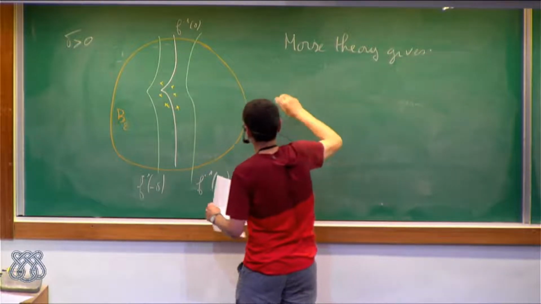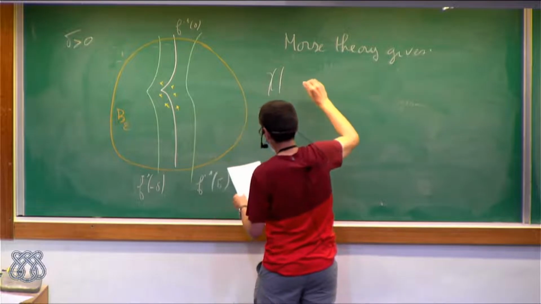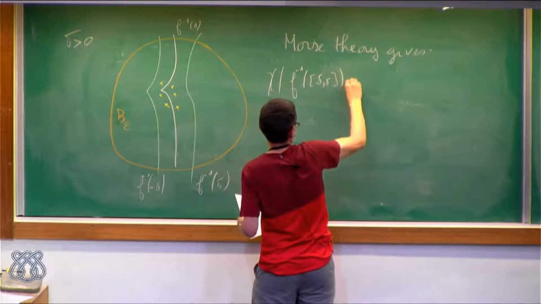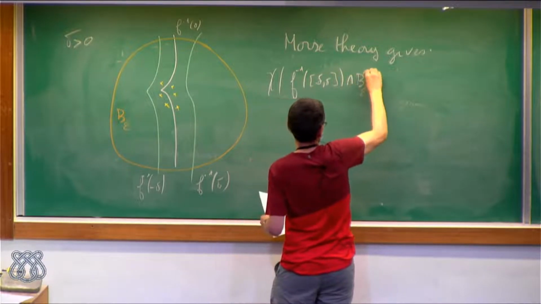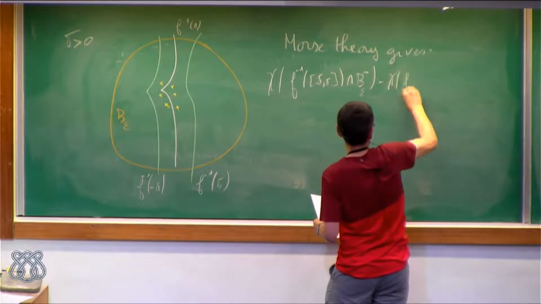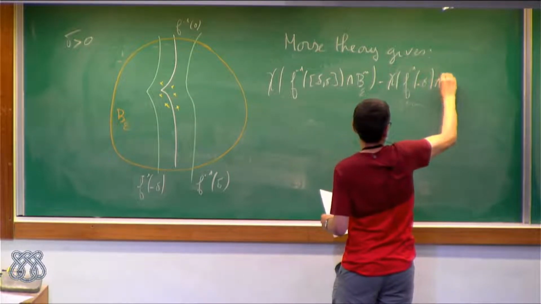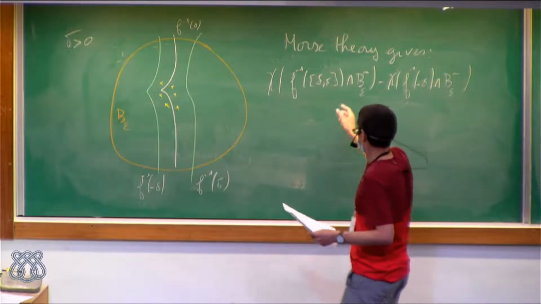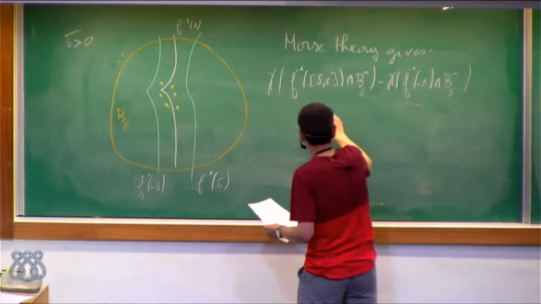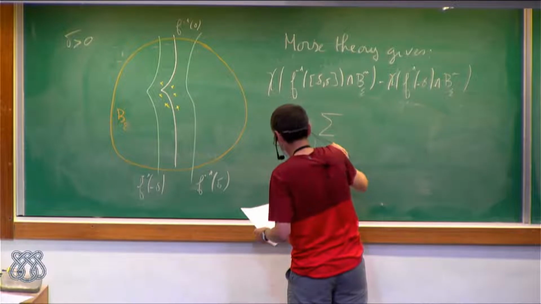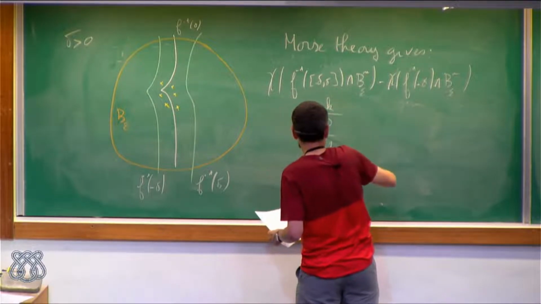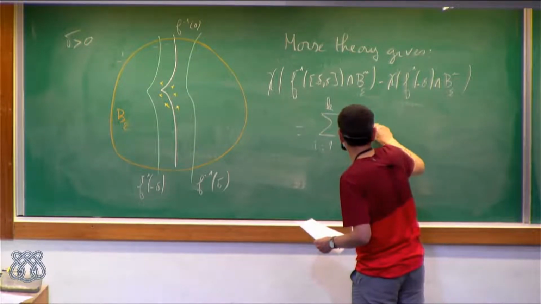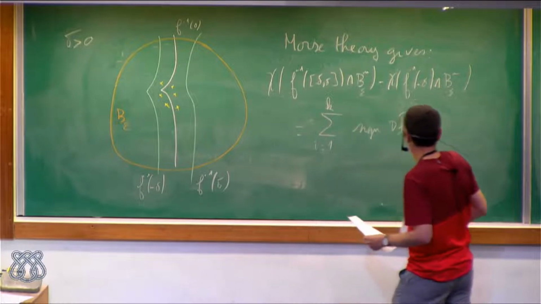What it gives is that the Euler characteristic of the tube, f minus 1 of the interval minus delta, delta intersected with the ball, minus the Euler characteristic of f minus 1 of minus delta intersected with B epsilon, is equal, just by Morse theory, to the sum for i from 1 to k of the sign of the differential of f tilde at p_i.